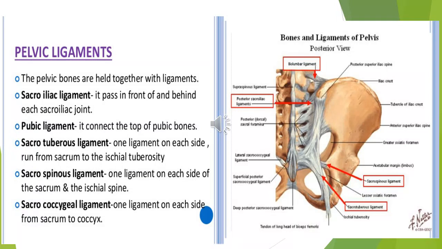The other one is the sacrospinous ligament, from the sacrum to the ischial spine. And the sacrococcygeal ligament, one on each side from the sacrum to the coccyx. So these are some of the important ligaments: sacroiliac, pubic, sacrotuberous, sacrospinous, and sacrococcygeal ligaments.